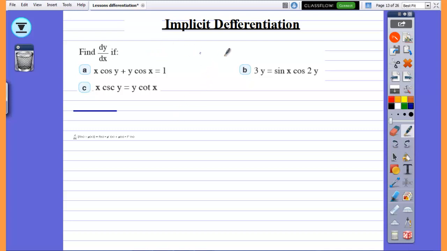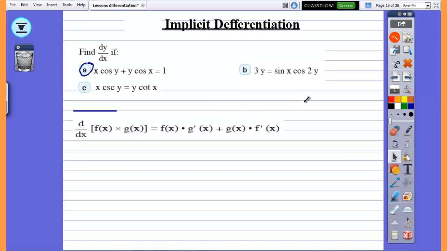Follow implicit differentiation. Find dy/dx if a) x cos y + y cos x = 1. First, we have the product of two functions. For that, we'll use this rule to make the differentiation.